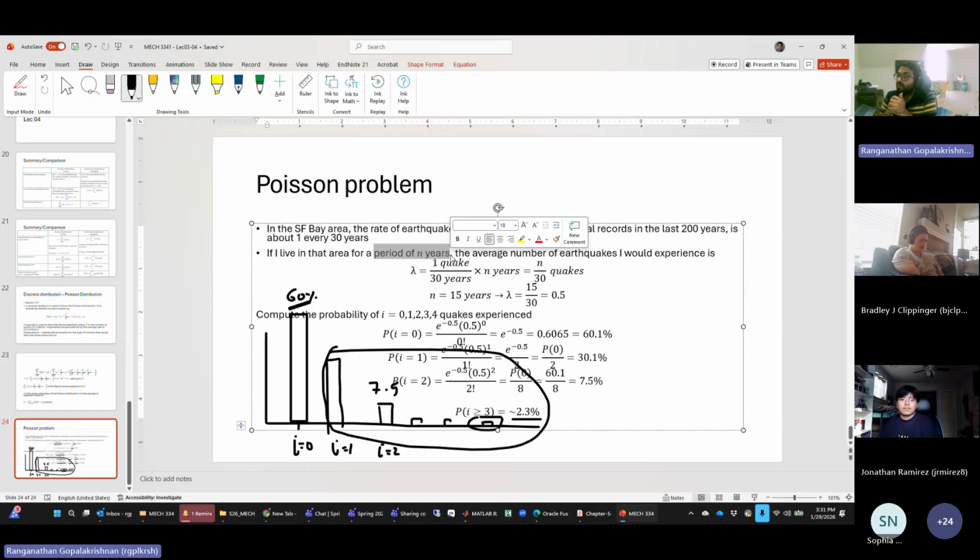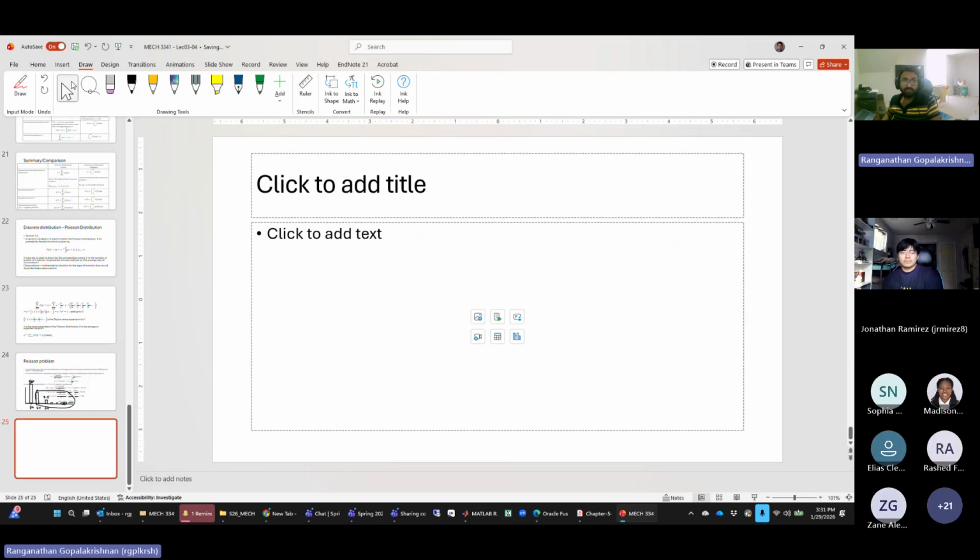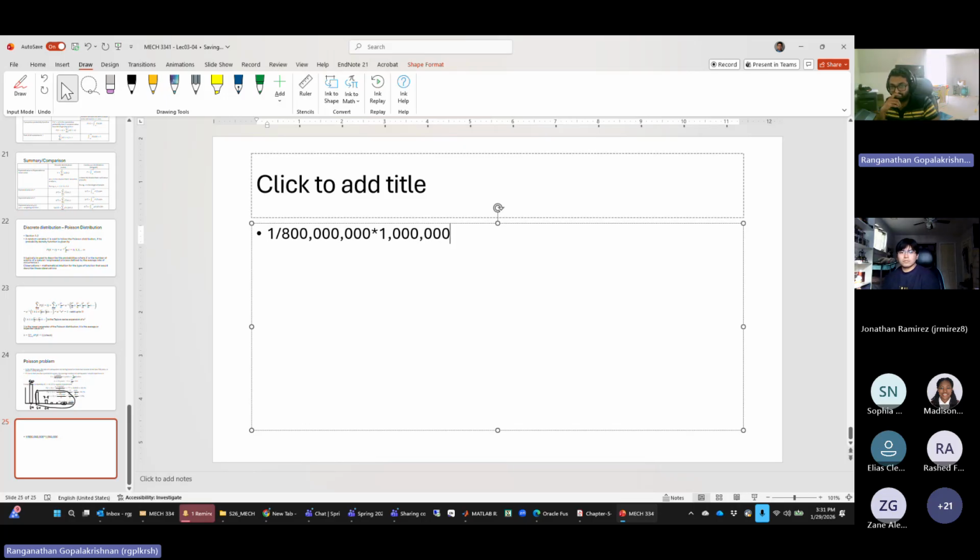So the chance of an asteroid hitting is 1 every 800 million years. And for the period that we have been active, which is, let's say, 1 million years, you can compute it. The chance would be 1 every 800 million years times the 1 million years that we have been active.